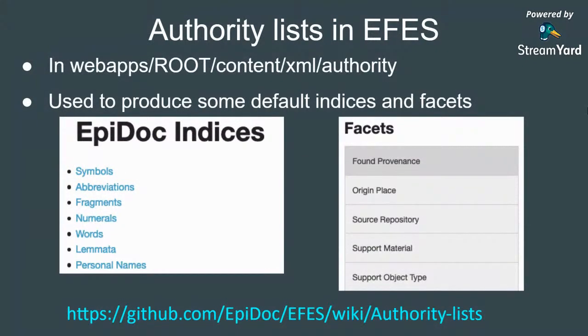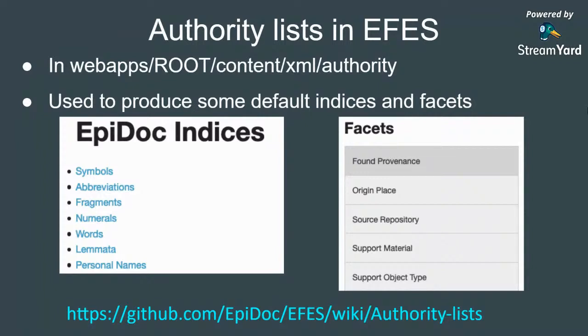Again, for those of you who are using FS or who will use FS, authority lists are very important. And if you want to find them, you have to look on the path that is the very first point of this slide, because authority lists live in webapps root content XML authority. And don't worry, you will learn this path by heart.